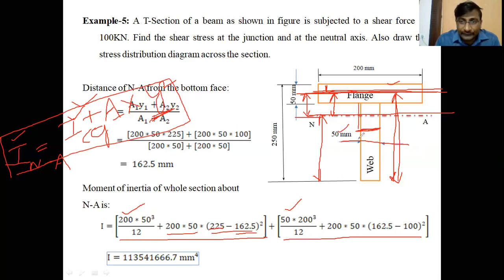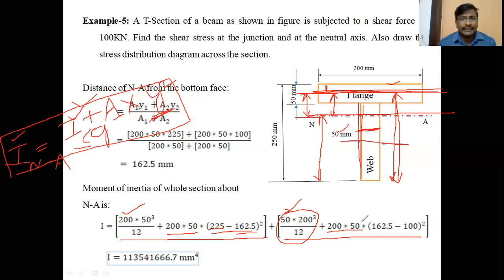D is the depth of the web, which is 200 mm. So 50 into 200 cube by 12 is the moment of inertia about its own CG, I CG, plus the area of the web, which is 200 into 50 itself, into y square.